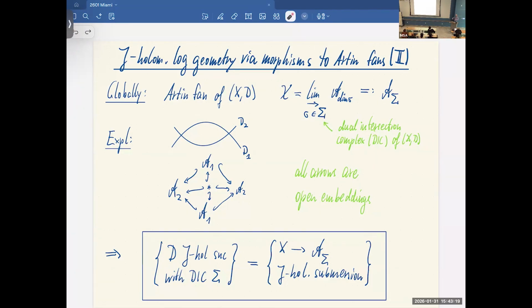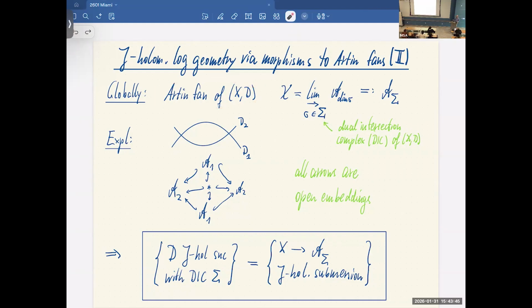So you should think of take something like A2 minus the coordinate axis, glue it to A1 cross G_m to G_m cross A1 and then to the whole thing twice. Okay, so it becomes somewhat, and then you divide out G_m squared. So it becomes a somewhat non-separated thing, and this is what this Artin fan is.